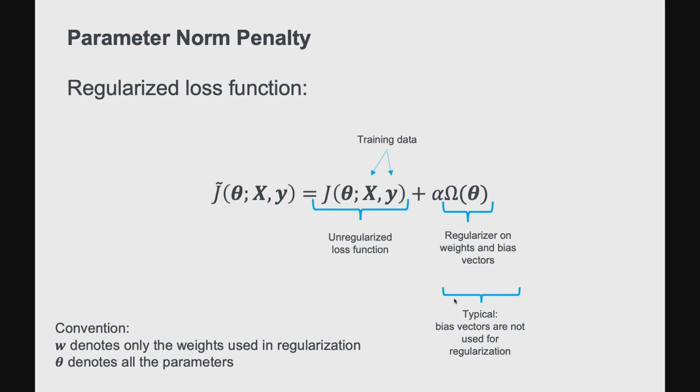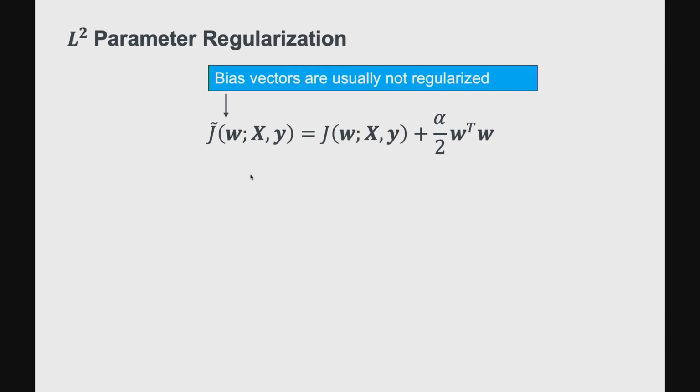Because if we have a function that's far away from the origin, we don't want to force it to be close to the origin. We just want not to overemphasize the meaning of individual data points. And so we add with some regularization parameter, here it's called alpha, this loss function with the regularizer, and then end up with a regularized loss function. So that's basically the same as what we did for linear regression.